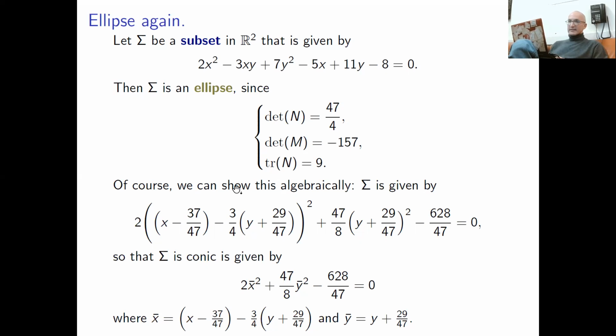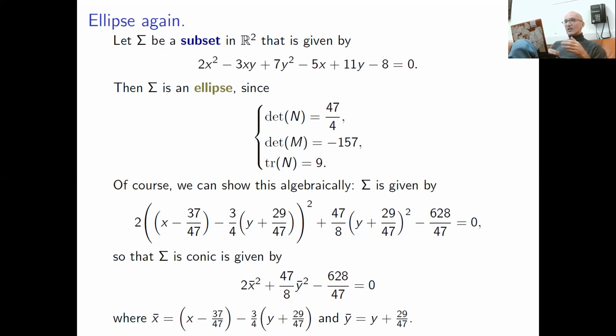Okay, of course you can see this also algebraically. For example, I just played with this equation and rewrote it in this way. Basically, this means if I change coordinates like this, then my conic can be given by this equation. But I must warn you that this is not an orthogonal change of coordinates. This is a nice change of coordinates, a linear change of coordinates plus translation, but it's not a rotation composed with translation.